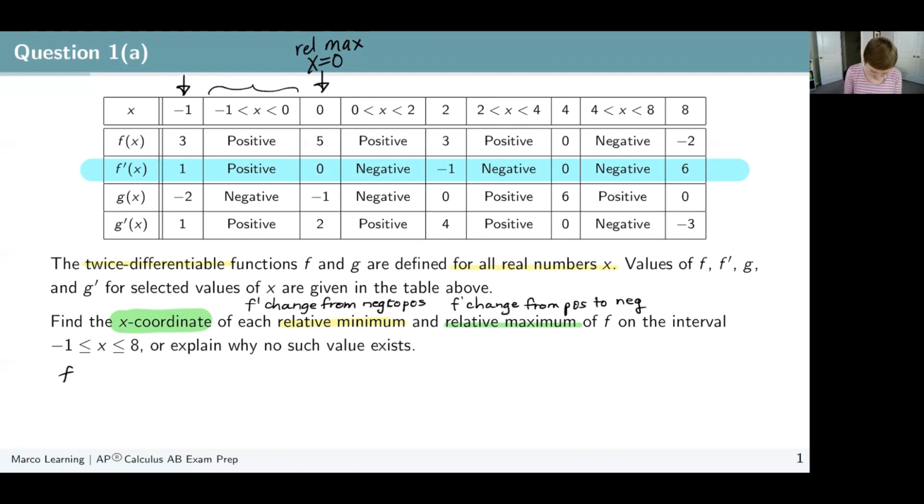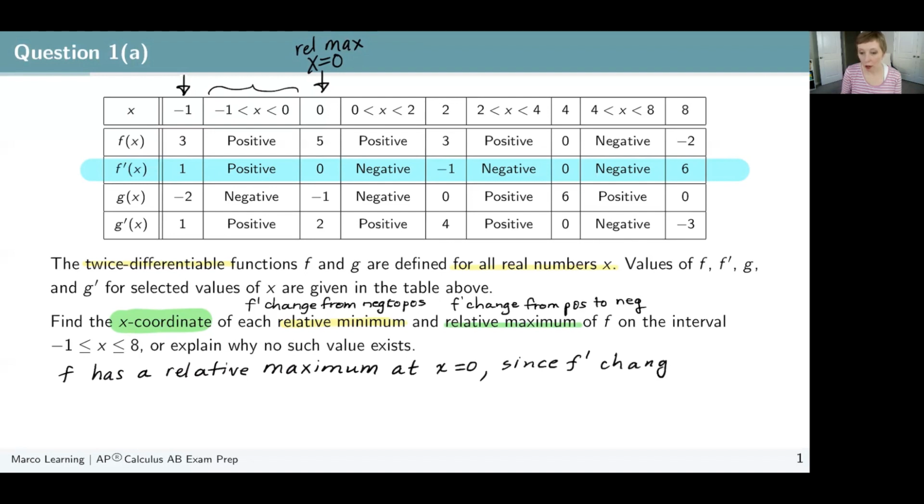So we'll say f has a relative maximum at x equals 0, since f prime changes from positive to negative. And it changes from positive to negative specifically at x equals 0. Okay, so that would be a complete response with justification.